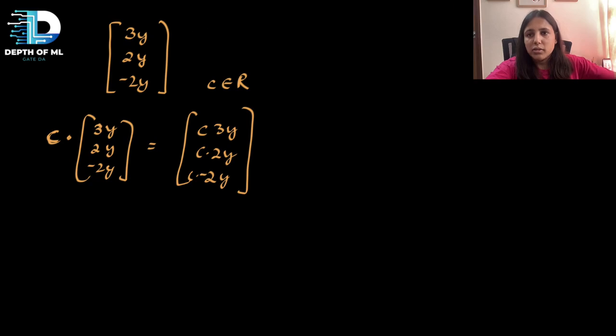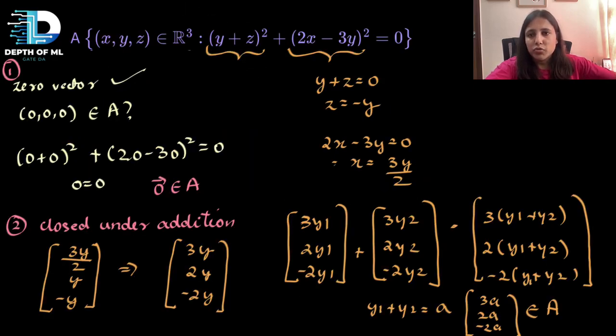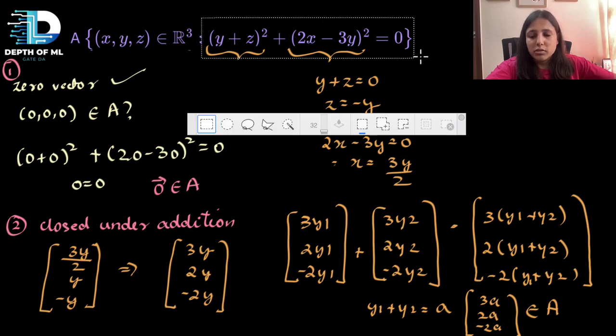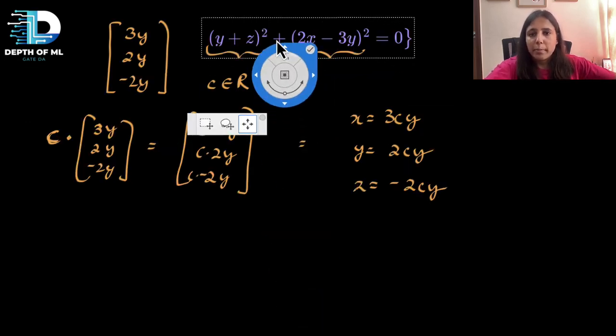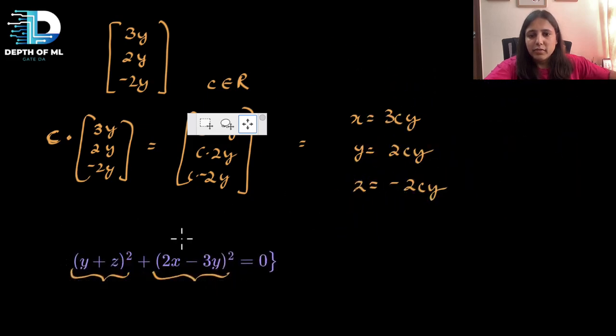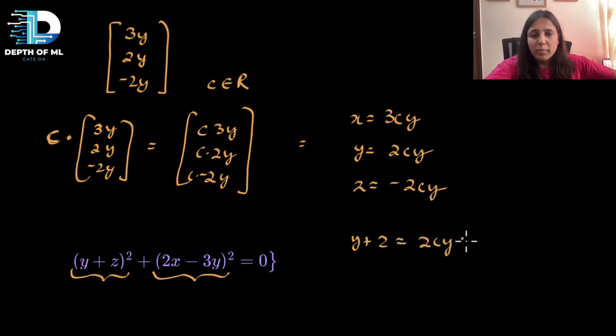This is nothing but saying that x is equal to 3cy, y is equal to 2cy, and z is minus 2cy. If I add them up in the form of the equation, this should give me 0. So y plus z is equal to 2cy minus 2cy, which is equal to 0.